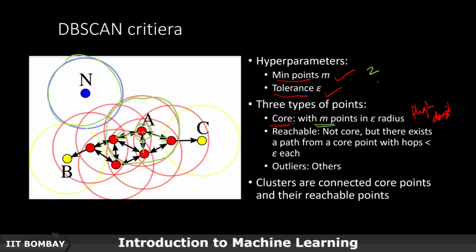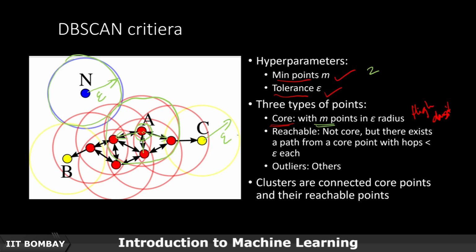So we have to decide what epsilon is. This radius is epsilon, all these radii are epsilon. If I find m points within the radius epsilon, then it is a core point, it is from a high density region.